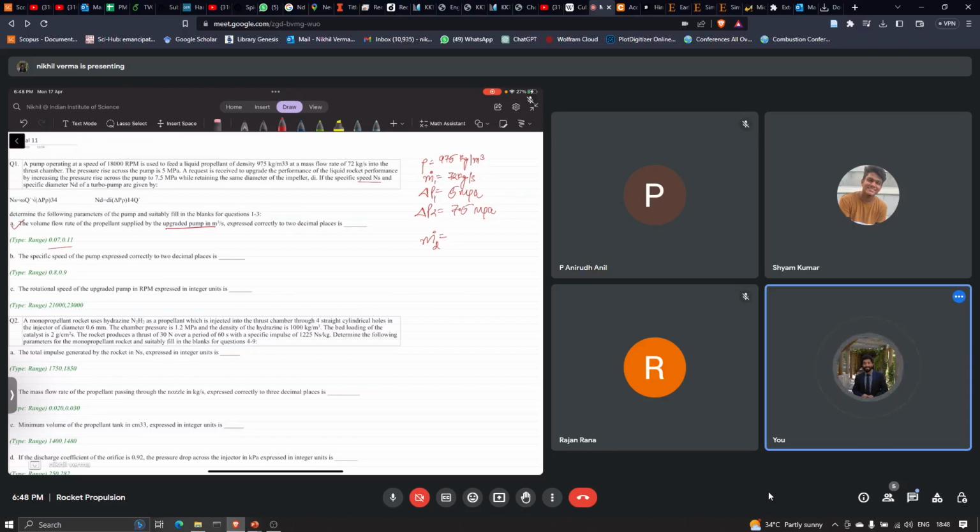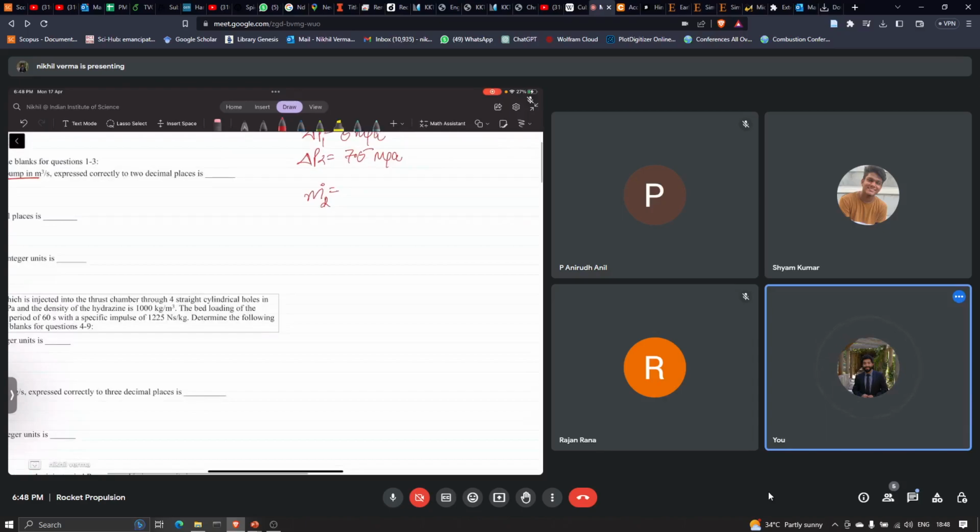Let me write this. Let us equate the specific diameter. So delta p1 by rho1 to the power 1 by 4 is equal to delta p2 by rho1 to the power 1 by 4, divided by q1 by q2.